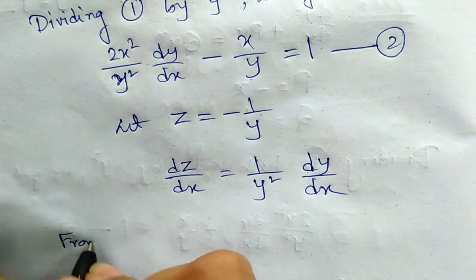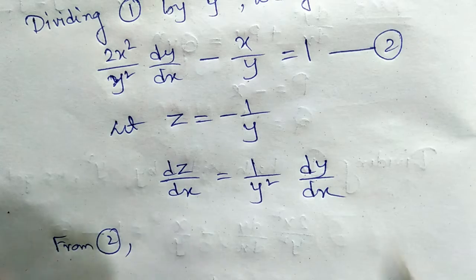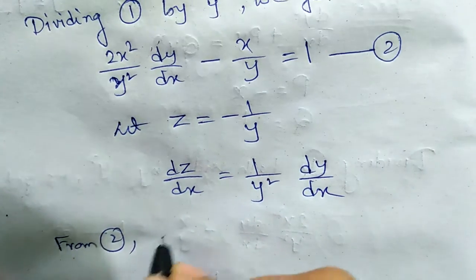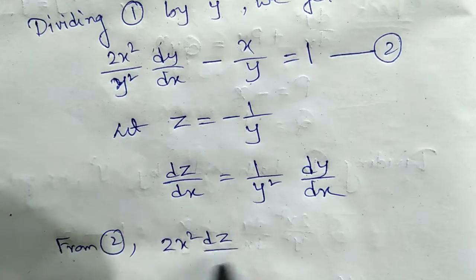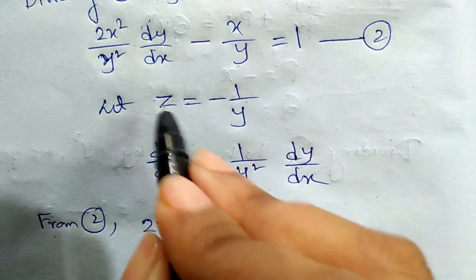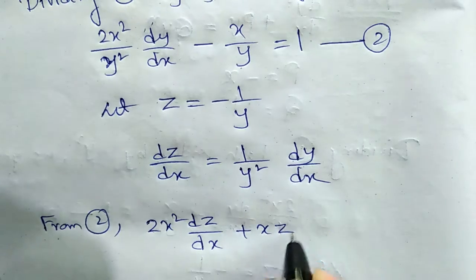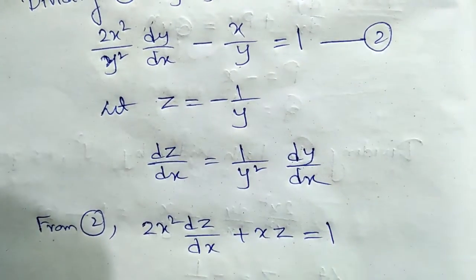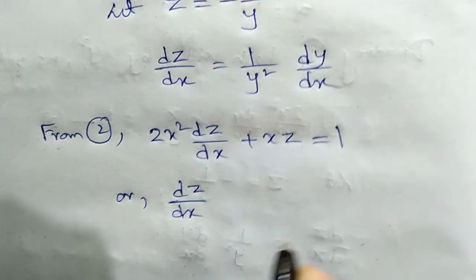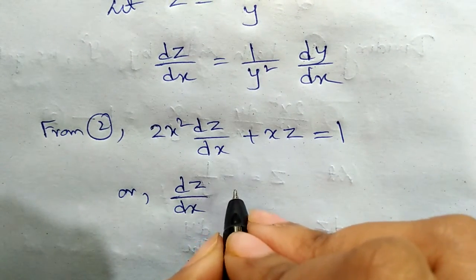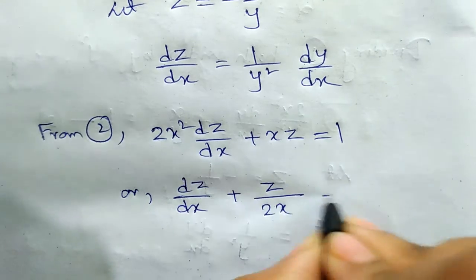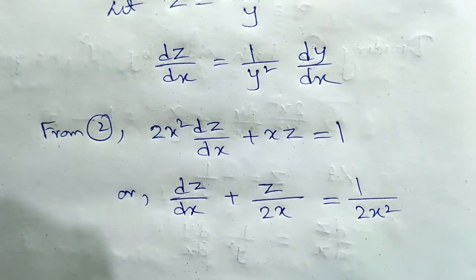So from 2 we can write 1/y^2 dy/dx is dz/dx, so 2x^2 dz/dx, then -1/y is z, so + xz = 1, or dz/dx + z/(2x) = 1/(2x^2).